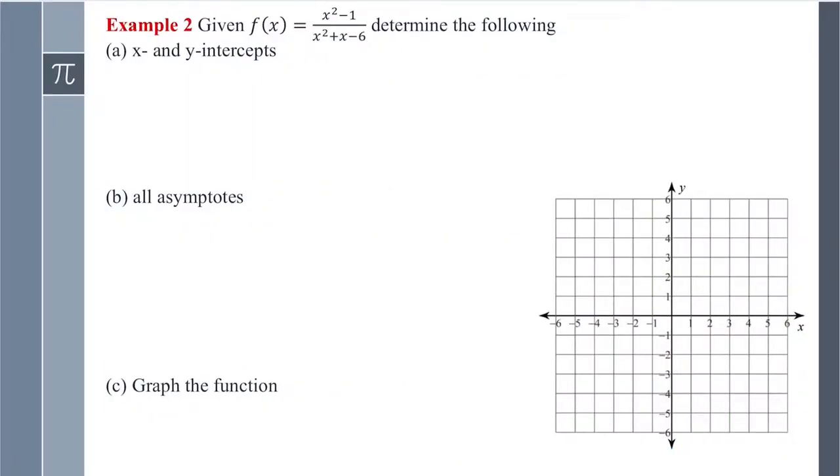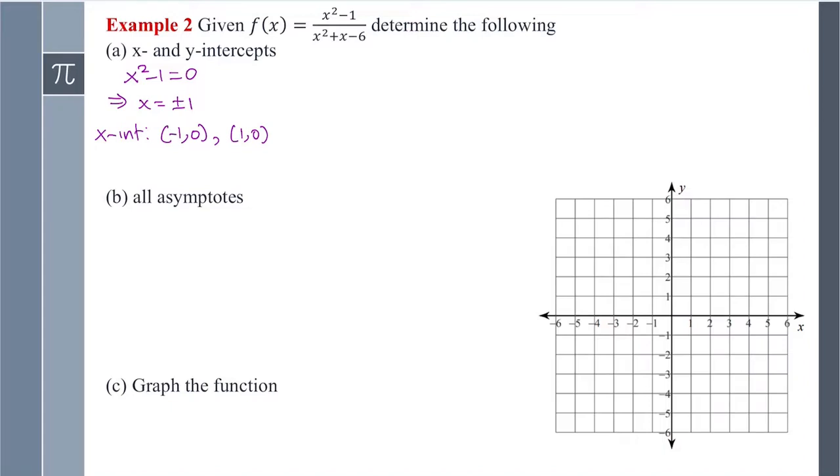Here, let's go ahead and find the x and y intercept. So again, to find the x-intercept, we set the function equal to 0, and then we multiply by the denominator. So basically, we are going to get x squared minus 1 equals 0. And then if we solve for x, we get x equals positive or negative 1. That means the x-intercepts are negative 1 comma 0, and 1 comma 0.